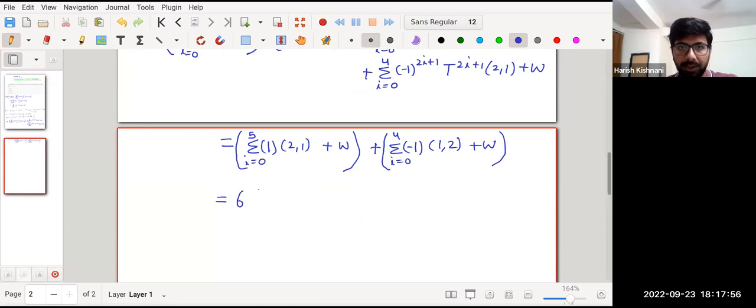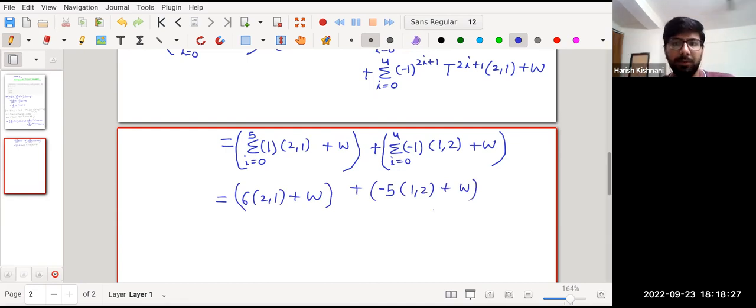So it will be 6 times (2, 1) plus w, right? And here you are adding 5 times, minus will be common, minus of 5 times (1, 2) plus w.